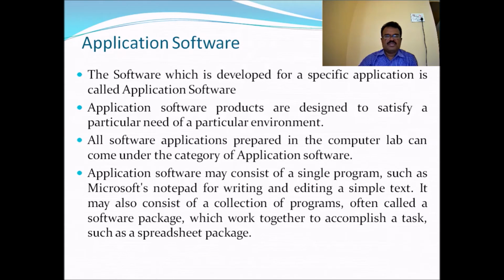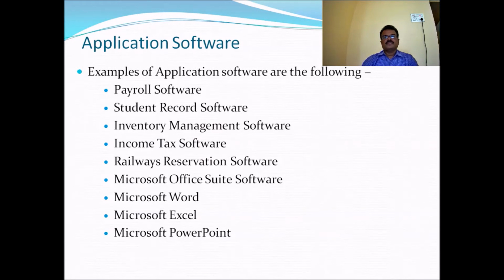So application software is developed for a specific application. Based on our application requirement, we will develop a software that is called application software. Here we can say the examples of application software, payroll software, because this payroll software is specially designed for generating the payrolls of employees in an organization. So it is an application software. Student record software, everything is recorded in the computers, in the college computers.